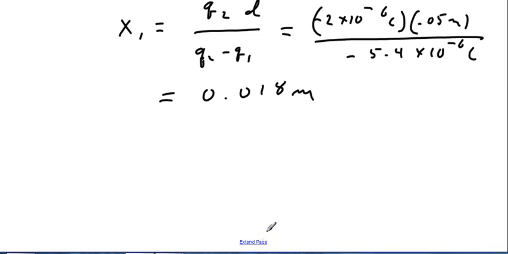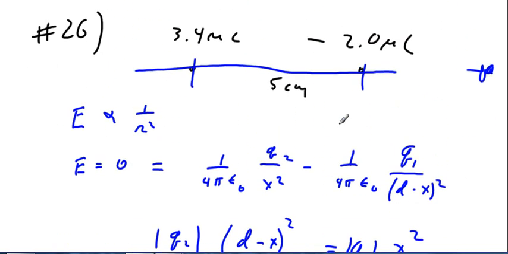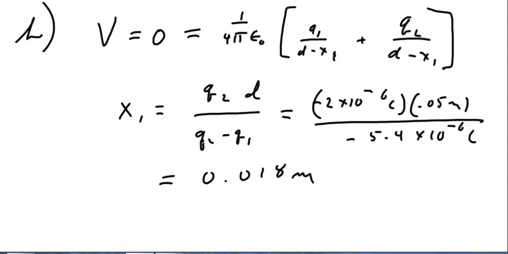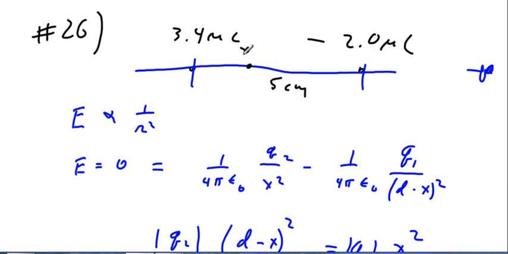There's going to be 2 points, I think, where the voltage is going to be 0. So we'll have the point in the middle occur at x1. And then we'll have another point occur on the outside at x2.